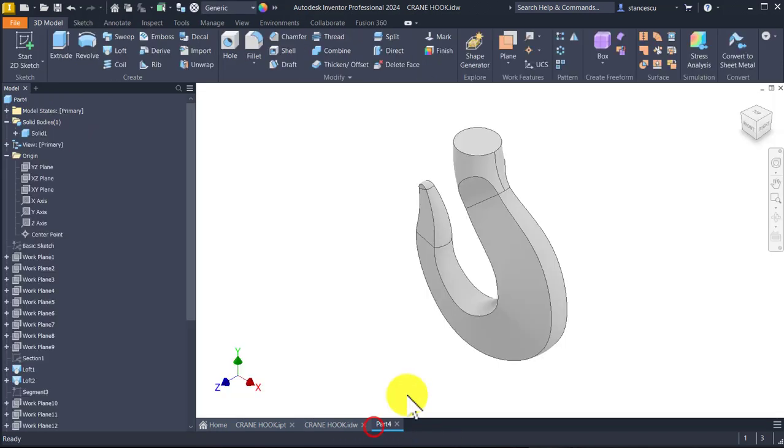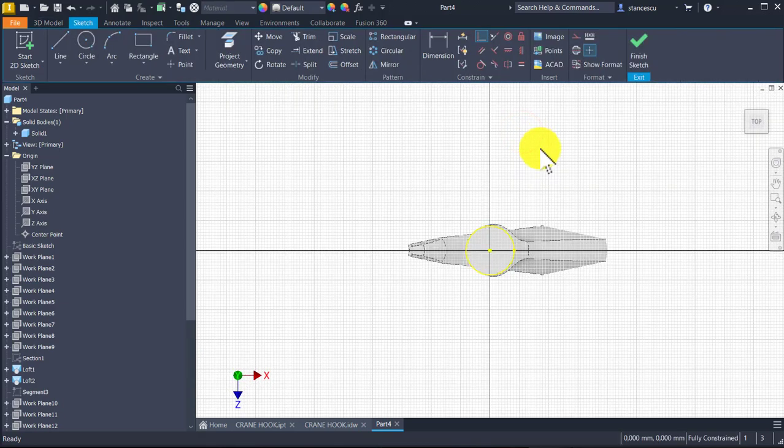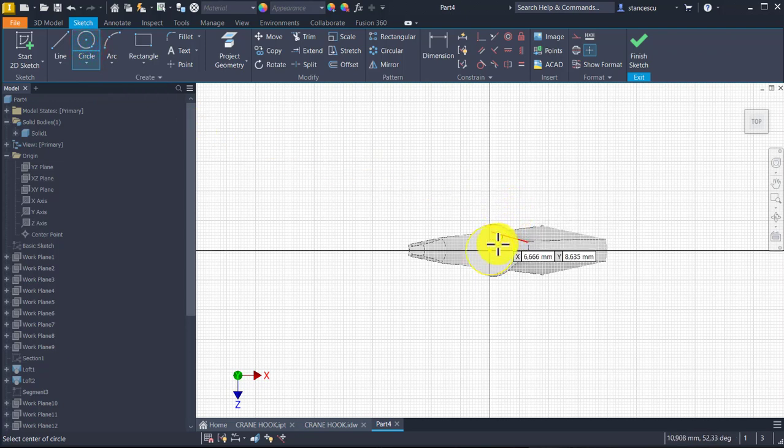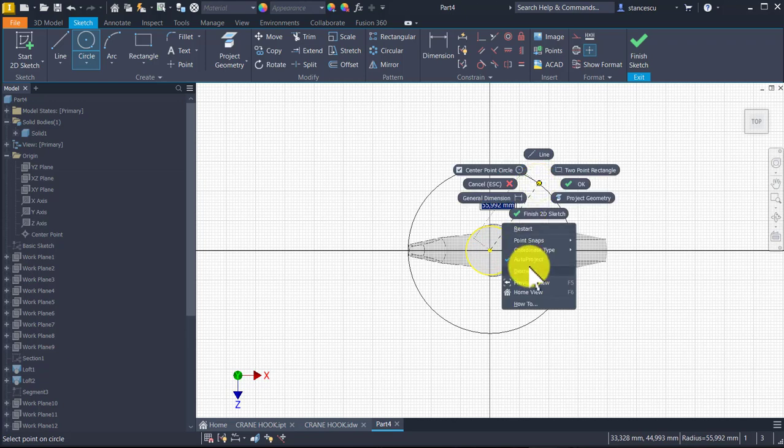This is very easy because we have a face. We draw a circle of diameter 30.